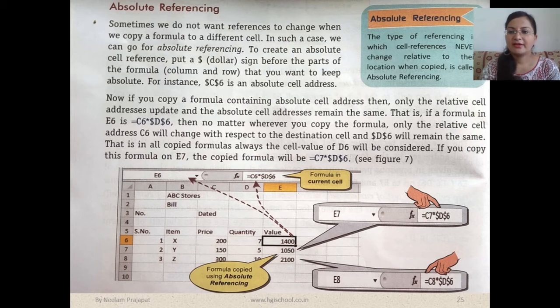So if the formula in E6 is C6 into $D$6, and when we copy it, here it will be C7 into $D$6. You can see here C7 $D$6, and here it will be C8 into $D$6. Only the relative cell reference will change, but the absolute will be fixed.